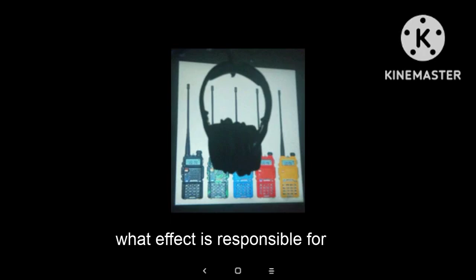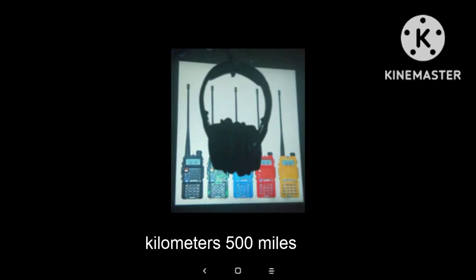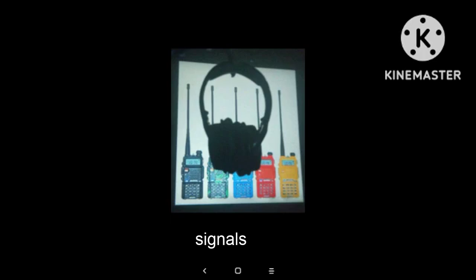What effect is responsible for propagating a VHF signal over 800 kilometers, 500 miles? Tropospheric ducting. Number 5. What is a characteristic of HF scatter signals? Rapid flutter or hollow sounding distortion.